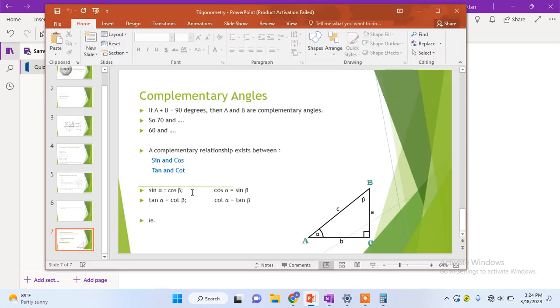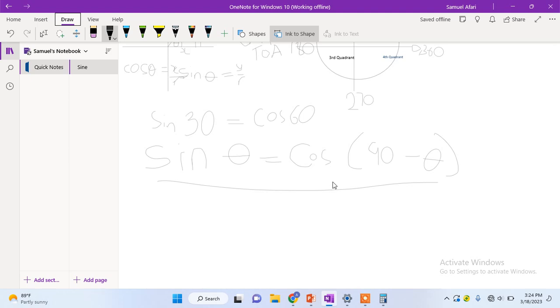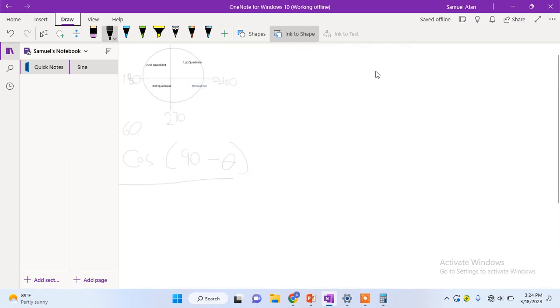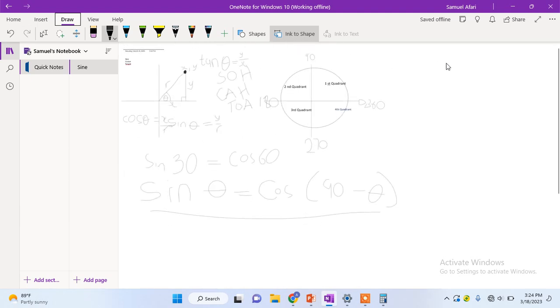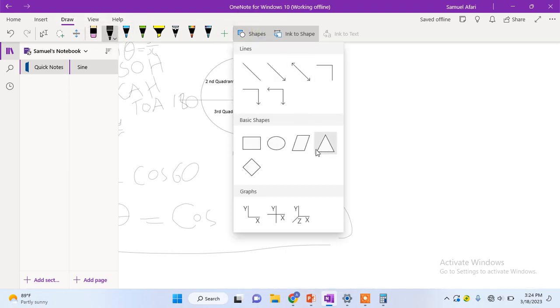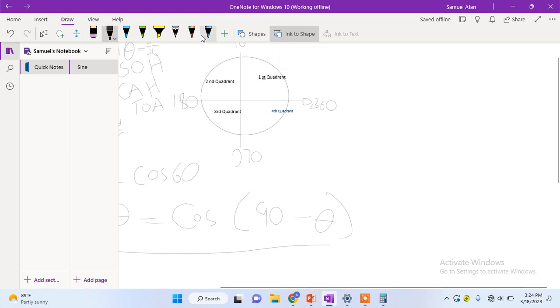Okay, so let's prove this: that sine alpha is equal to cos beta, cos alpha is equal to sine beta, and the likes. Let's come to a fresh page. So we are assuming we have this shape. Let's assume we have a triangle.